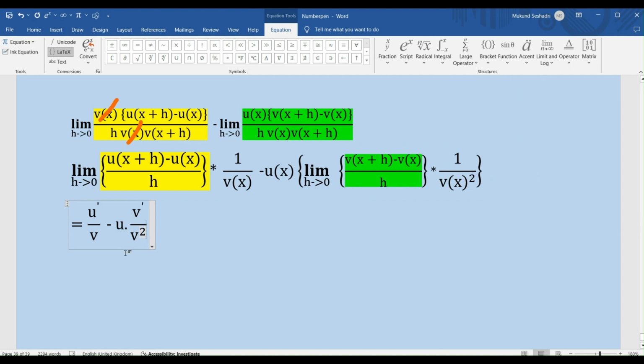So now we have d by dx of u by v equals u dashed by v minus u into v dashed by v square.